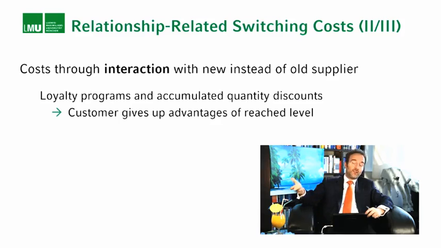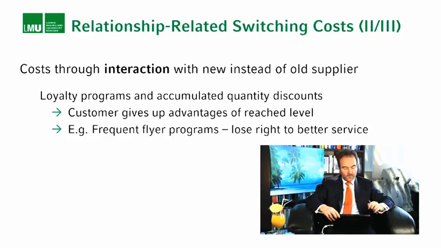And so, if you switch, that again is going to mean that you will have to give up these advantages. Frequent flyer programs, as the example: you lose access to lounges, you lose access to priority boarding, you lose access to free flights and to mileage bonuses and so on. All of these things will keep consumers within one single network.